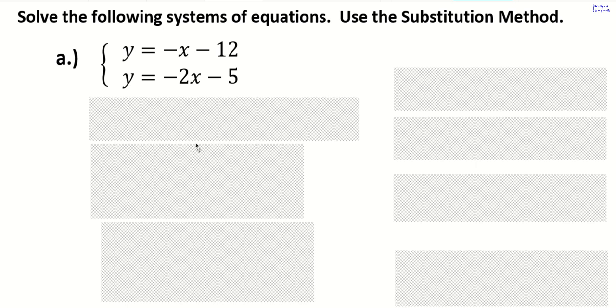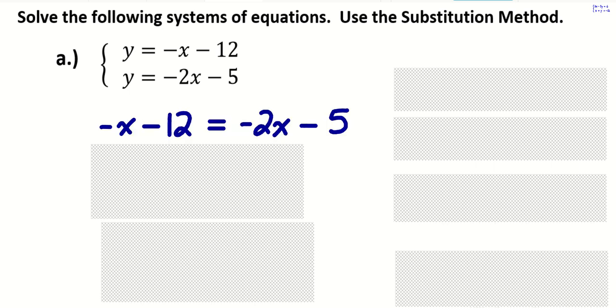We need just one of the equations to say x equals this or y equals that. And it turns out in this one, both of the equations are set equal to y. Like y equals this, but at the same time, y also equals this. So can we go ahead with substitution? Yes.